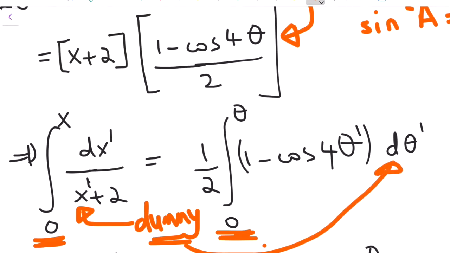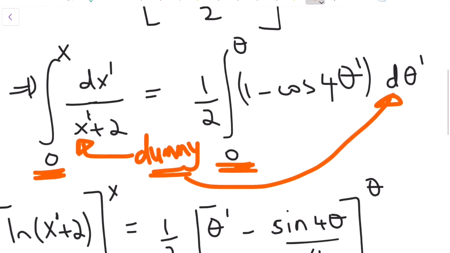So you do the integral, so the left hand side becomes an ln term, because if you differentiate ln(x plus 2), you get 1 over x plus 2. And again, the right hand side, you carry out the integration as usual, and you can check your answer by differentiating the right hand side here.